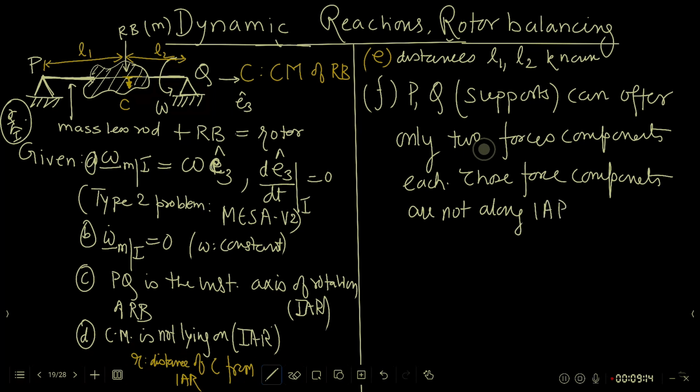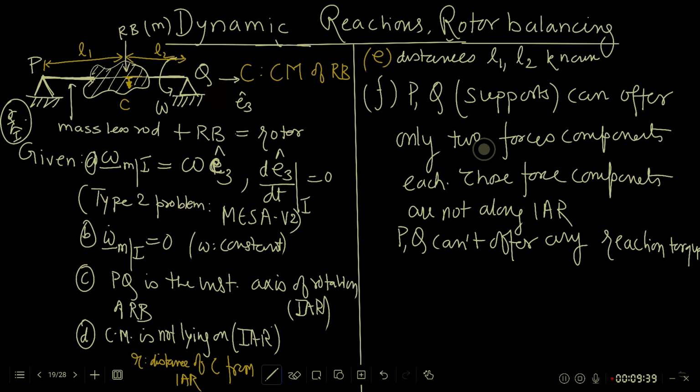It will become more clear when I draw the free body diagram. So P and Q cannot offer any reaction torque. They can offer only force components, and that too force components in the non-E3 direction, either E1 or E2 direction, but not in E3 direction.